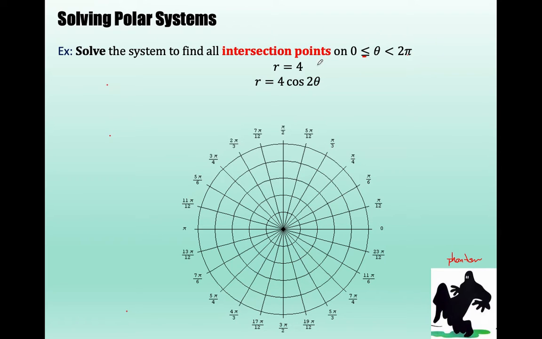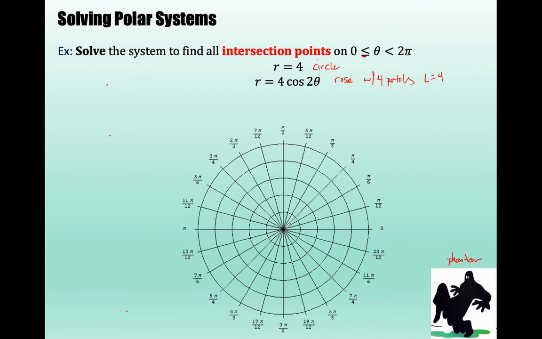The first thing I want you to recognize is, even without my calculator, r equals 4 is a circle. What is r equals 4 cosine 2 theta? Previous knowledge, that's a rose with how many petals? 4 petals with a length of what? Good.